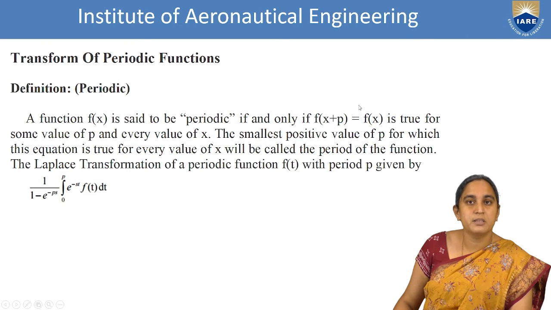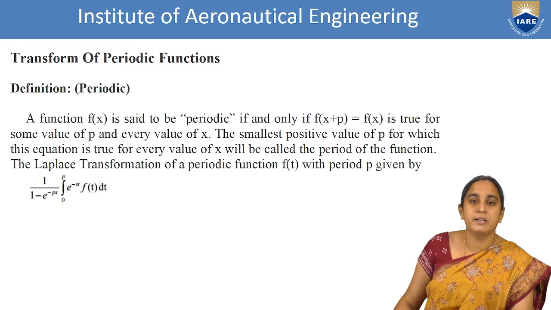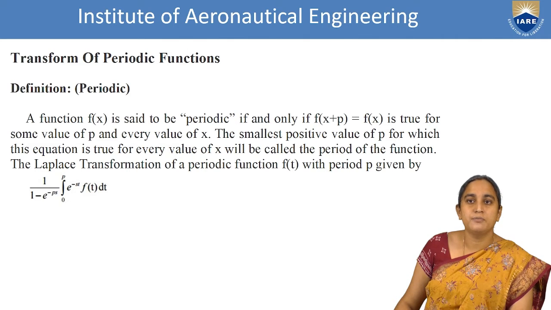Here the definition for the periodic function: a function f of x is said to be periodic if and only if f of x plus p is equal to f of x, true for some values of p and every value of x.